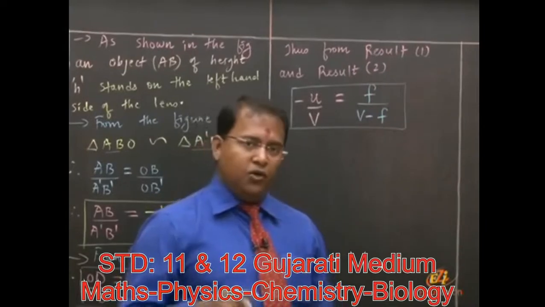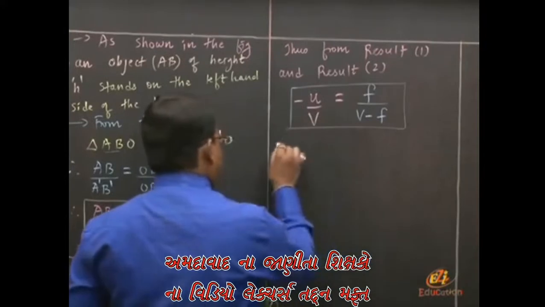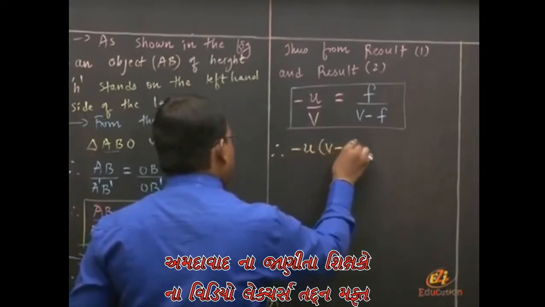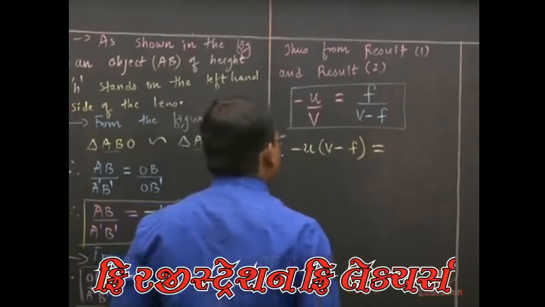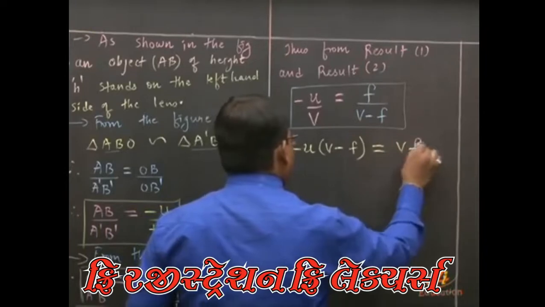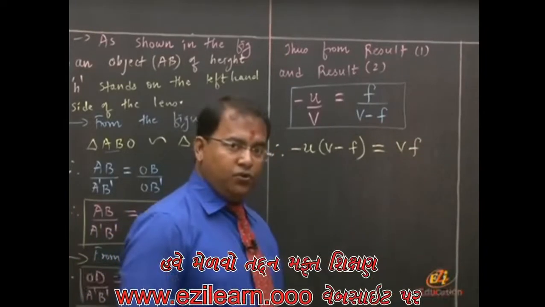Now simply cross multiply. Come on friends, try to cross multiply it correctly. Minus U into V minus F is equal to VF.